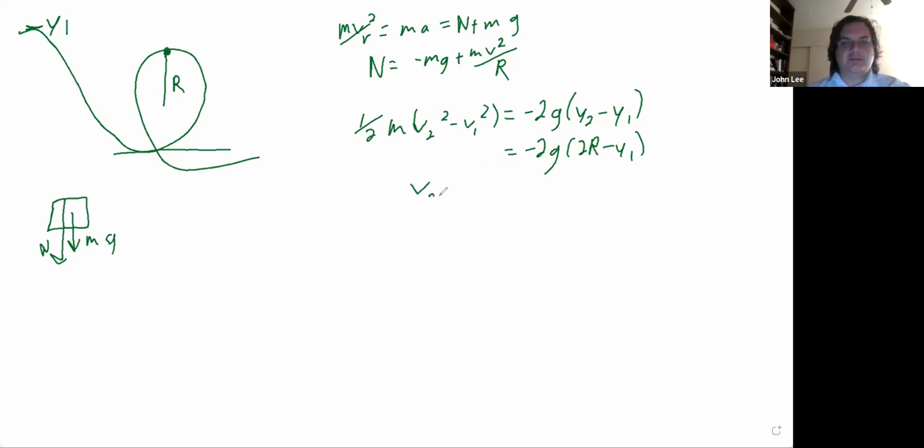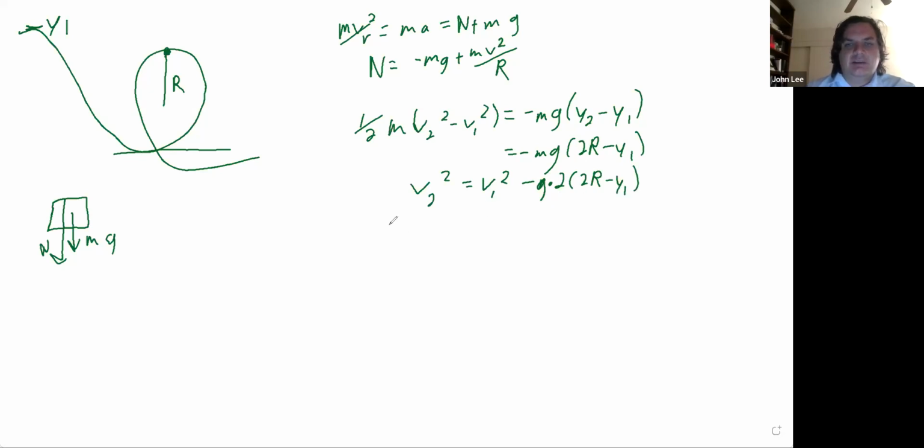So v2 squared, and I put 2g rather than mg because I'm just so used to kinematics equations. V2 squared equals v1 squared minus g times 2 times 2r minus y1.